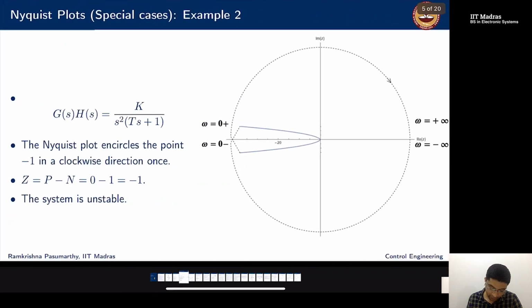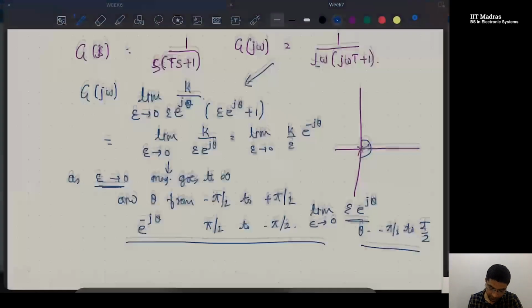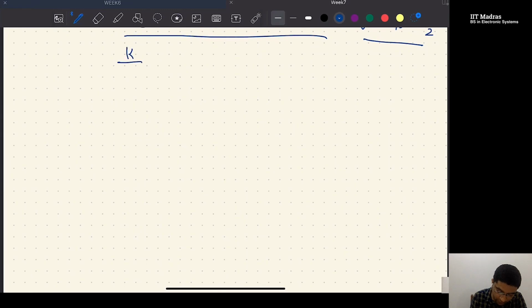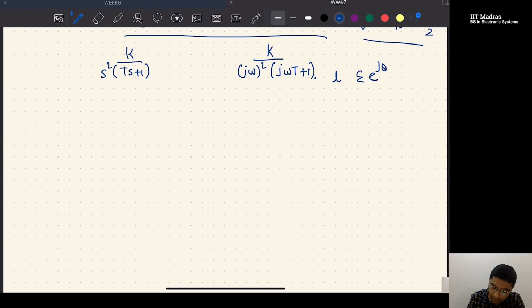Okay, we do one more example where I now have two poles at the origin. Same situation, but now I have K over s squared times (Ts plus 1). In the sinusoidal transfer function, I can write this as K over (j omega) squared times (j omega T plus 1). Now I look at what happens around that little ball of radius epsilon e^(j theta) as epsilon goes to 0.